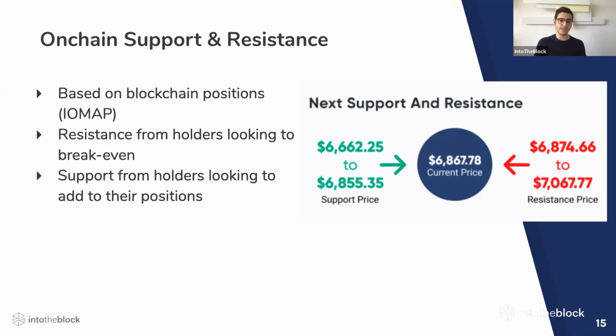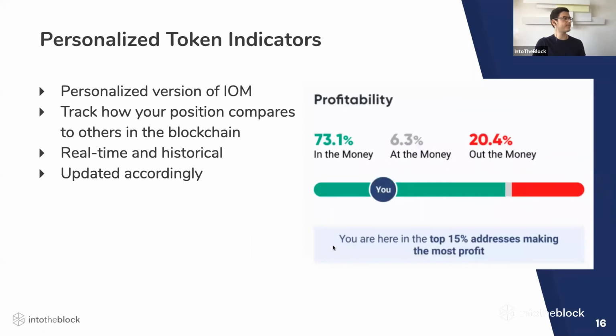We're currently seeing some resistance there, in part because a lot of people are trying to break even at the levels that they have previously bought. And there's also support from holders, on the other hand, looking to add to their positions and accumulate more. And that's two of our areas that we'll be looking into.